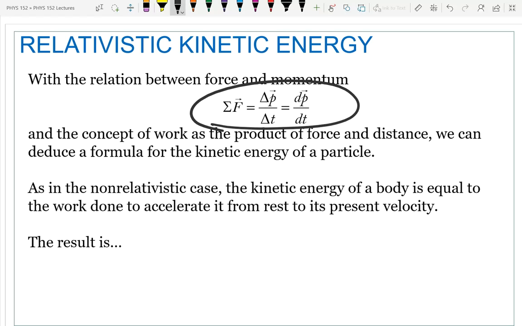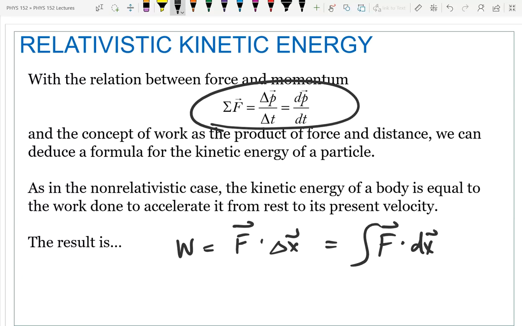The English alphabet D means that you have a tiny, tiny change, one that's unmeasurably small, whereas delta means it's a finite change, one you can measure. So they fundamentally are the same equation. Well, we learned that work is force dot change in position. And if we'd done that with calculus, it would have been integral of force dot dx.